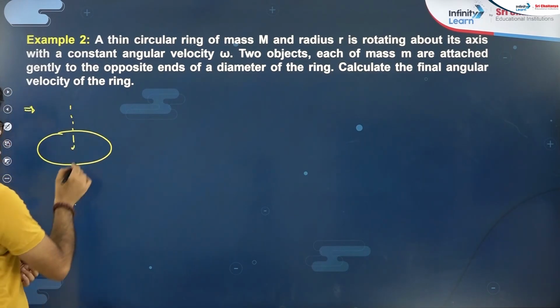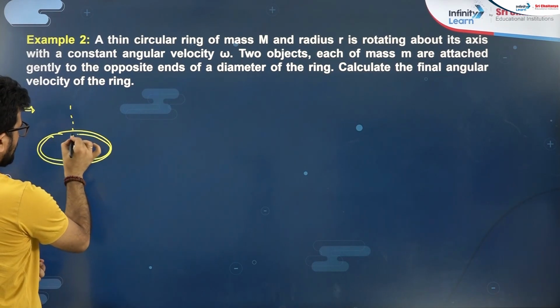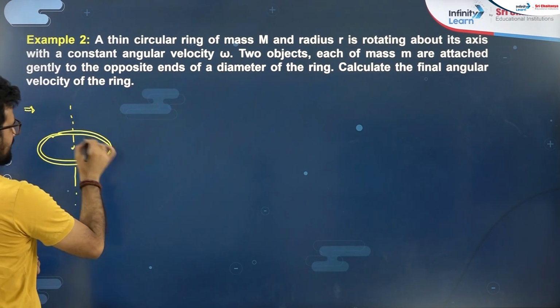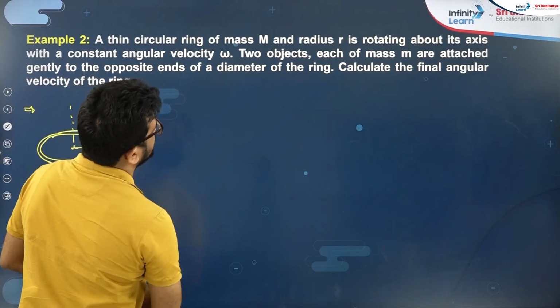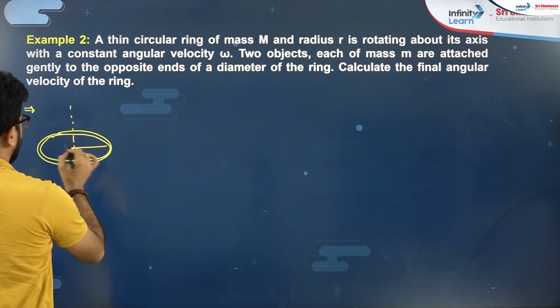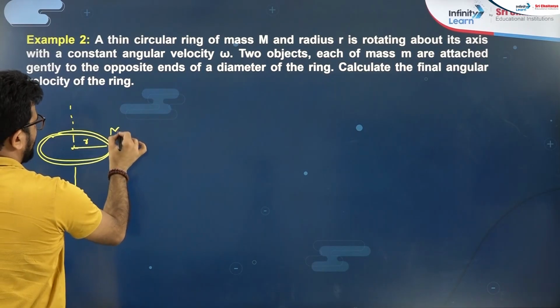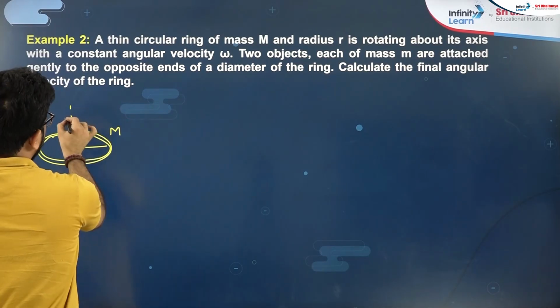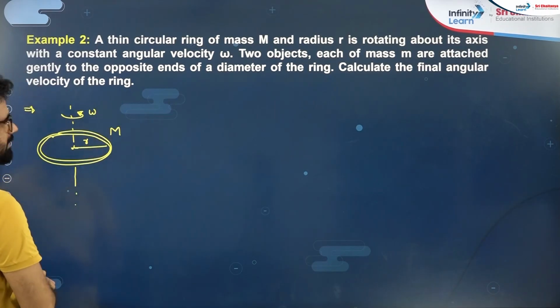The radius of this ring is small r, its mass is capital M, and initially it had an angular velocity of omega.